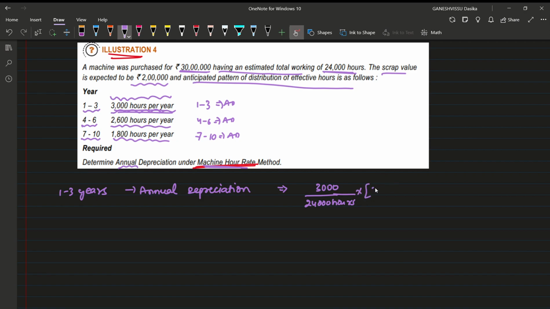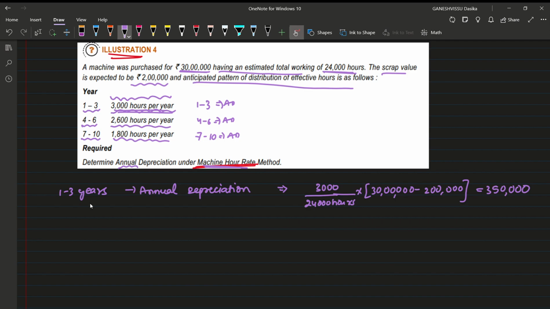So 30 lakhs is the cost of the asset, minus scrap value 2 lakhs, so 28 lakhs, into 3,000 divided by 24,000, which is 3,50,000. So the annual depreciation here is 3,50,000.